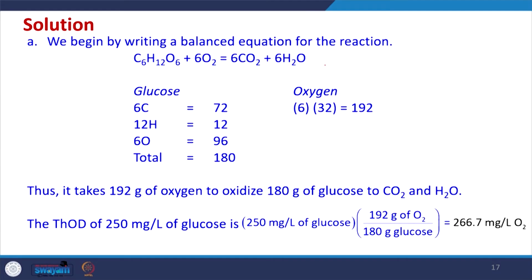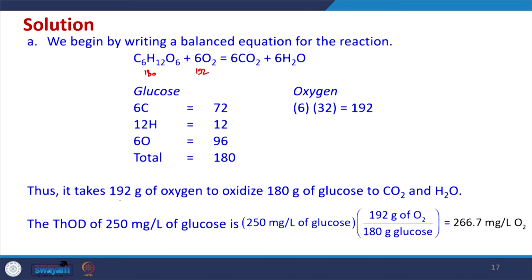Now, we begin by writing a balanced equation for the reaction. This is a simple balanced equation which we can write very easily, and what we infer from here is that 192 gram of oxygen is required for oxidizing 180 gram of glucose to CO2 and H2O. Actually, for glucose it will be 180 and here it will be 6 into 32, that is 192.